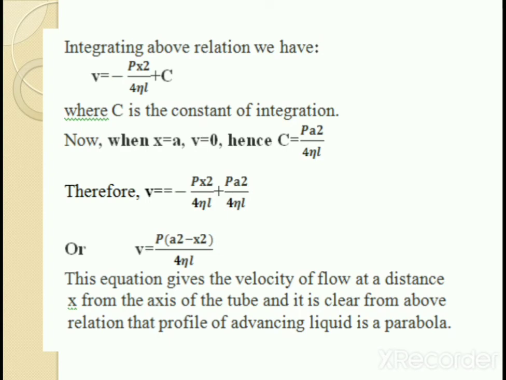Now when x is equal to a, that is a is the radius of the coaxial cylinder, if the radius is a, then the velocity is 0.